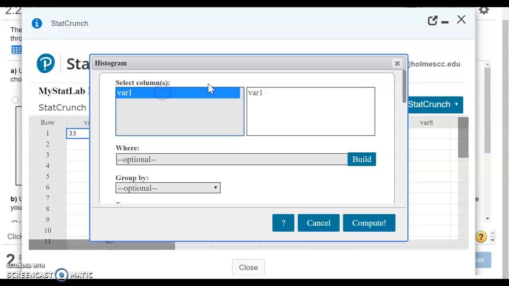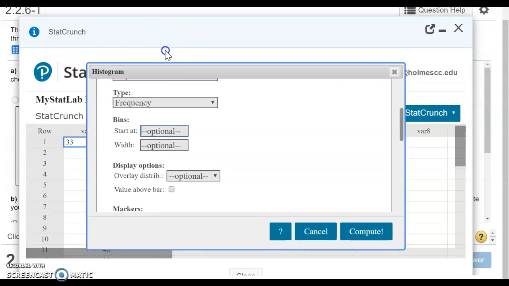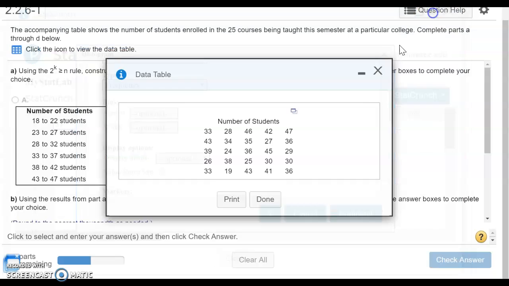So you're going to select var1, and you're going to have to tell it what you want it to start at. Since our answer choices started at, let me look, I think 18.